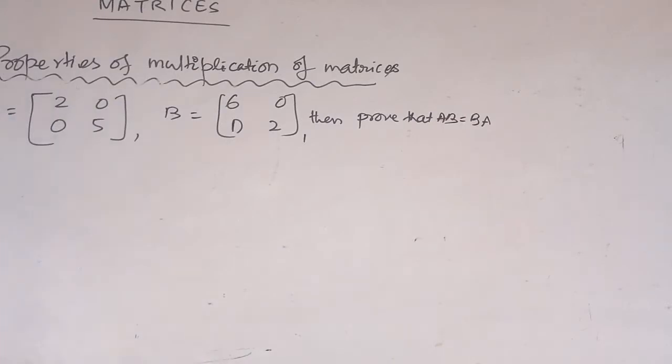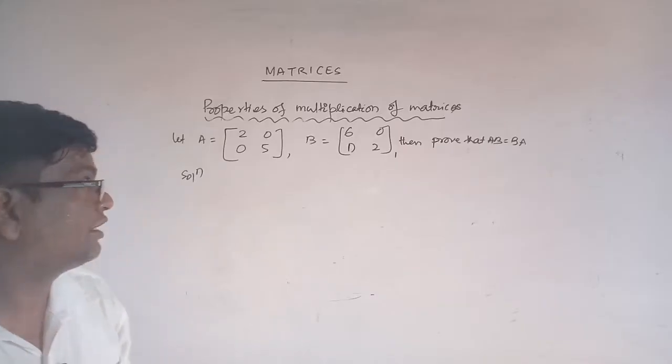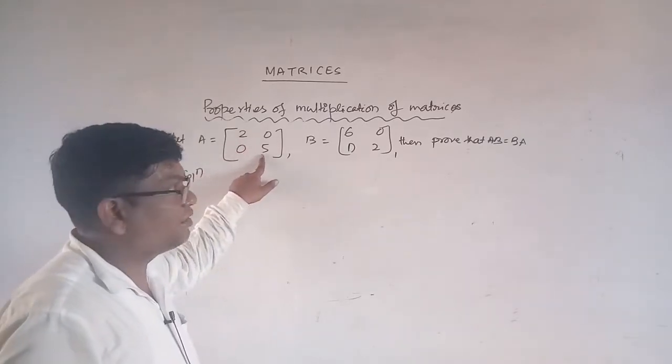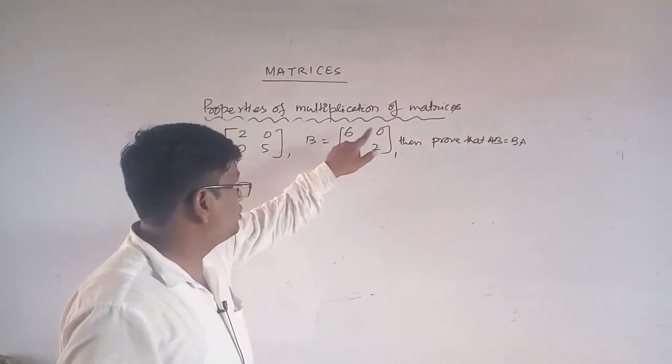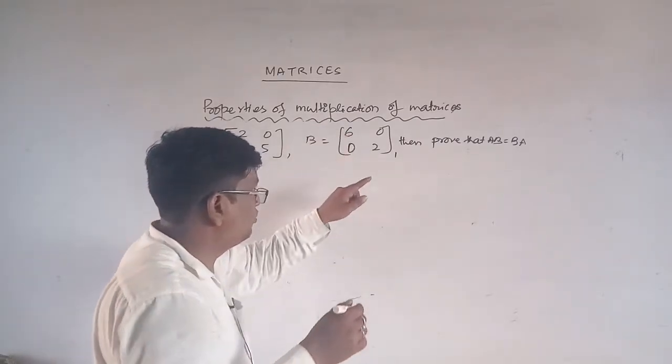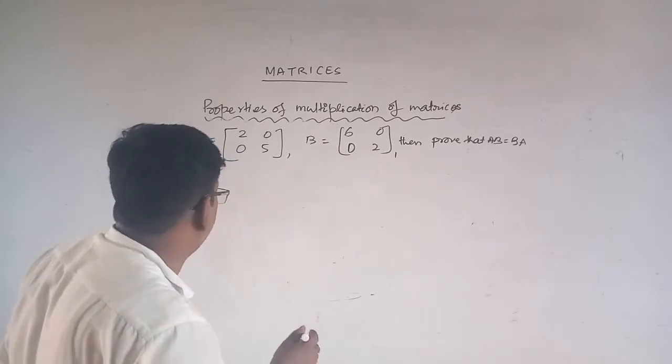Solution: A equal to [2, 0; 0, 5] is a diagonal matrix of order 2. B is equal to [6, 0; 0, 2], another diagonal matrix of order 2. Then prove that AB is equal to BA.